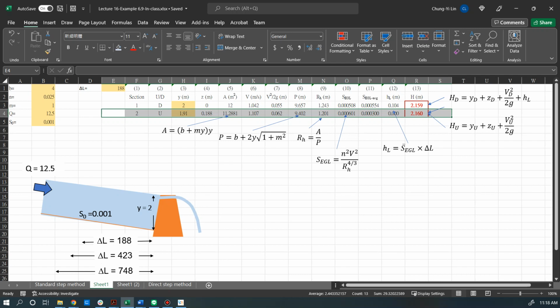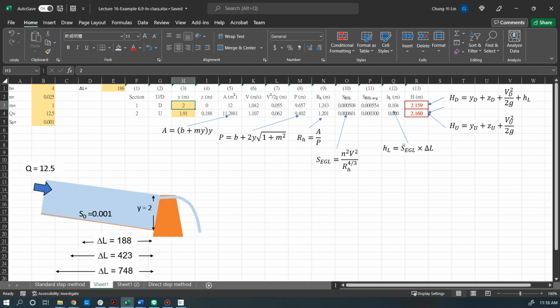We put down the control section's water depth, which is y equal to 2 meter. And z is equal to 0, because this is our control point, so we set our datum at this point. For the rest of the cells, there are equations here, and you can follow them to calculate all those terms.